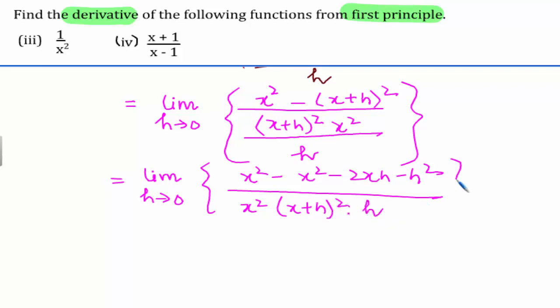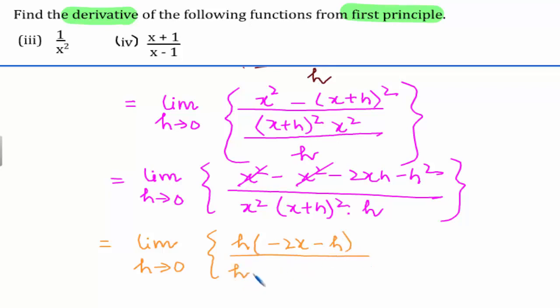Now cancelling x square with minus x square and taking h common from the numerator, we have limit as h approaches 0, h into (minus 2x minus h) whole divided by h into (x plus h) whole square into x square.